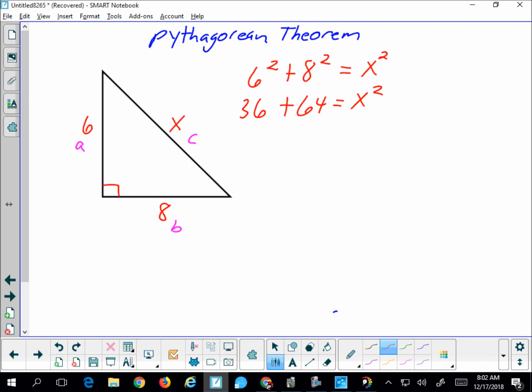Now we add those two together, so we get 100 is equal to x squared. And then our last step, we always have to get rid of this squared, so we square root both sides, and we get x is equal to 10.